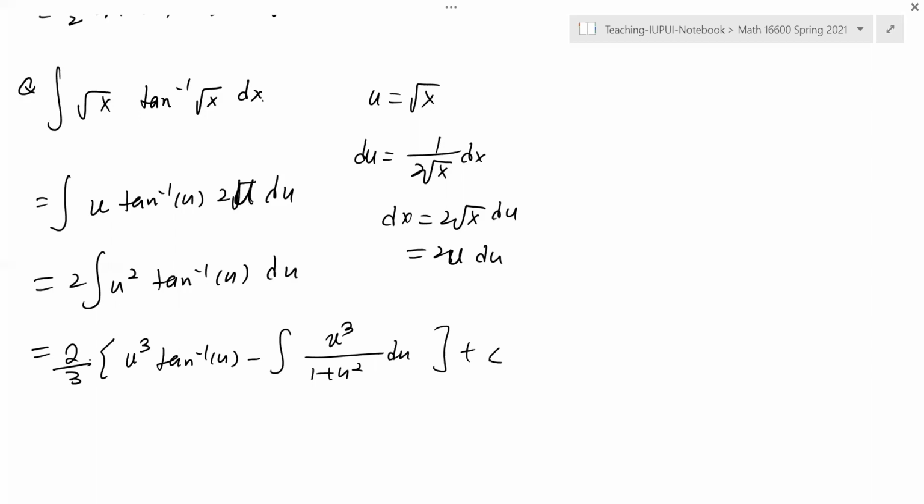Now, are you able to continue using some of the formulas to save time? The denominator is 1 plus u squared. You have to search for that one. I don't think I have a formula here in the back of the book.